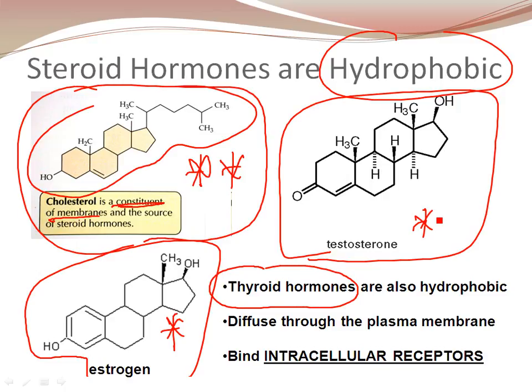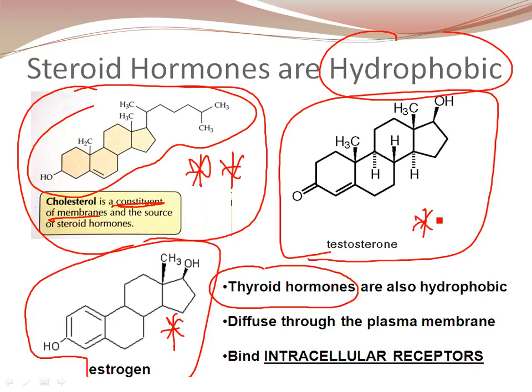Okay, on the last video clip, we talked about how hydrophilic non-steroid hormones can't diffuse across a cell membrane because they're blocked by that hydrophobic barrier there. So they bind to cell surface receptors, which then leads to a cascade of events that causes a response on the inside of the cell.